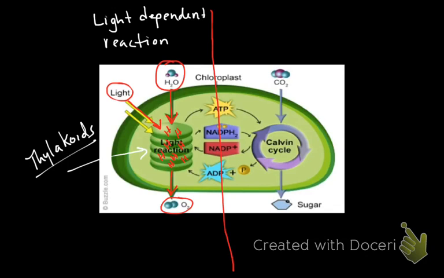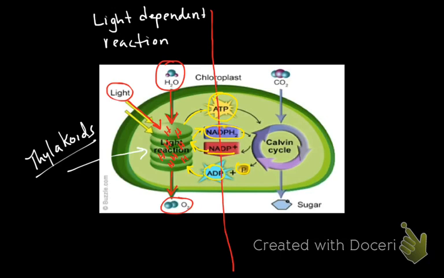The first one is NADP. NADP comes in, picks up the hydrogens, and turns into this molecule, NADPH. ADP and P come into the thylakoids, and they get turned into ATP.